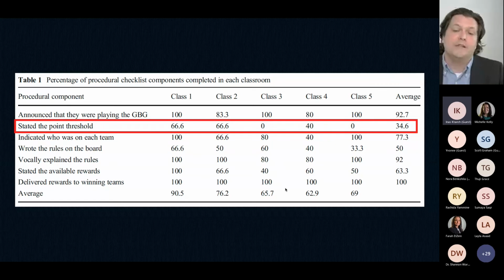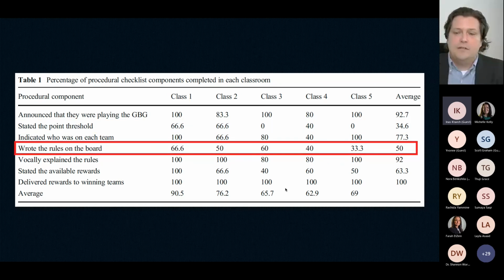And one of the teachers, this teacher was both the teacher for class 3 and 5, never told the students what the point threshold was. And I'll talk a little bit more about that later, but that's actually a procedural variation that researchers have come up with on their own as a way to potentially improve outcomes. And this teacher reached that conclusion independently.